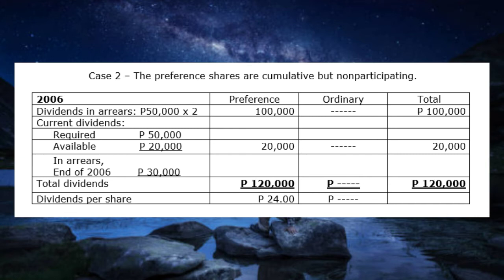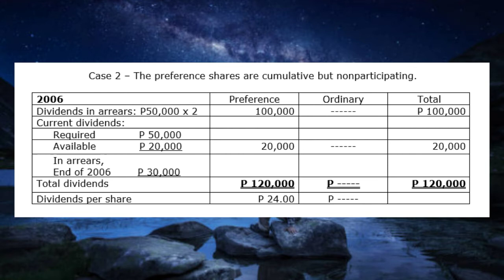Case number 2, the preference shares are cumulative but not participating. 2006, dividends in arrears, 50,000 pesos times 2, preference 100,000 pesos, ordinary none, total 100,000 pesos. Current dividends required, 50,000 pesos.